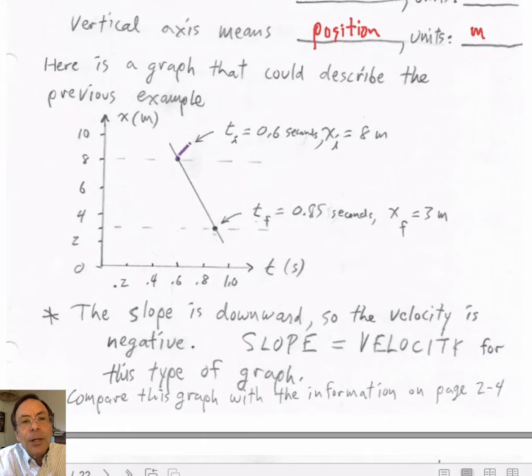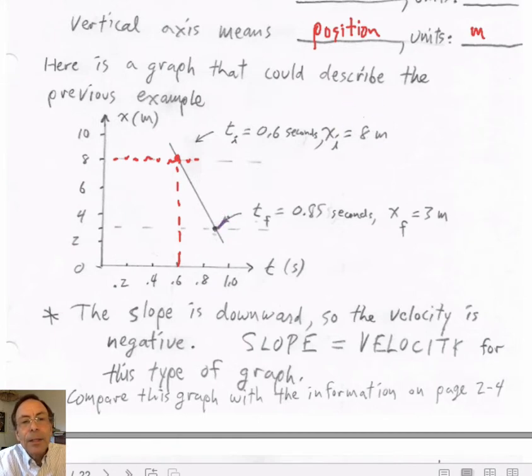The initial time is 0.6 seconds, and the initial position is 8 meters. I wrote it here: t sub i is 0.6 seconds, x sub i is 8 meters.